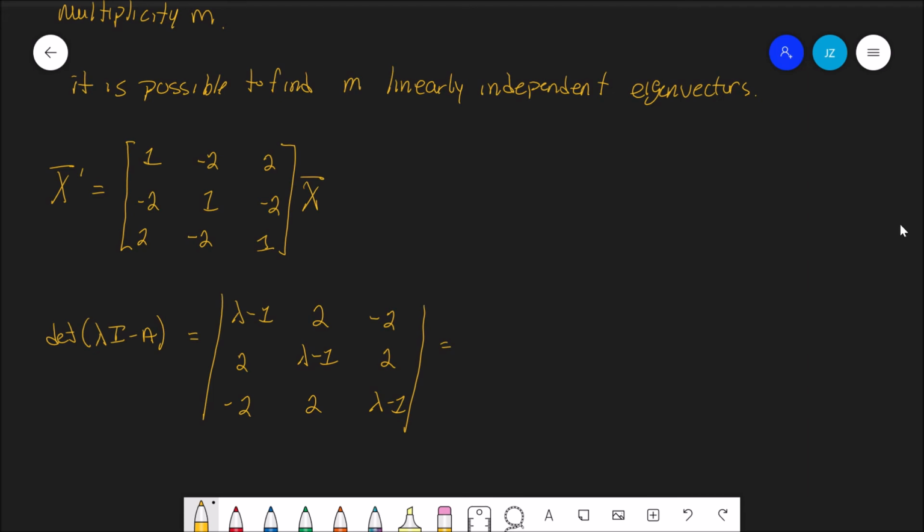This will give us the determinant (lambda plus 1) times (lambda squared minus 4 lambda minus 5), and this is equal to 0. So we get the solution lambda is negative 1 and lambda is 5.